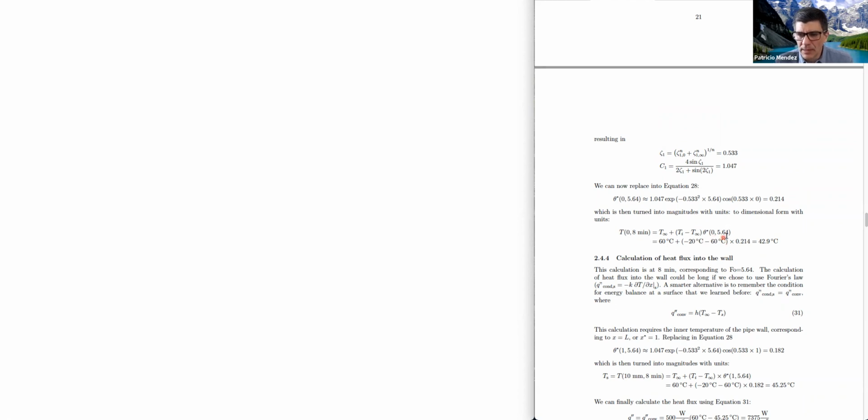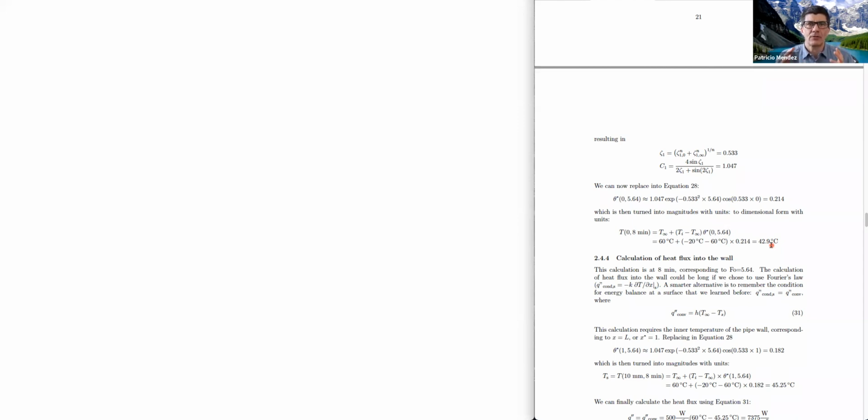Put all this in the formula, and now we got a real number: 42.9 degrees C. The outer wall of the pipe, the one that is in contact with the insulation, after 8 minutes is going to be at 42.9 degrees C.